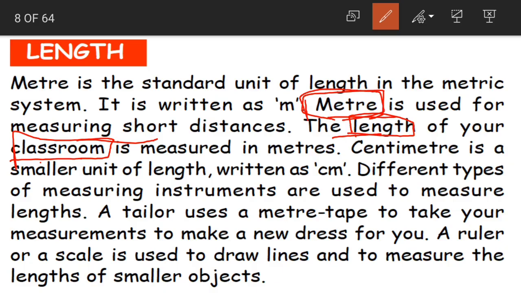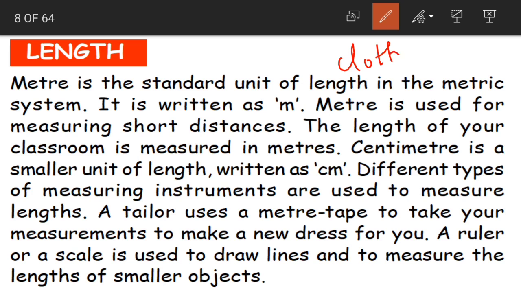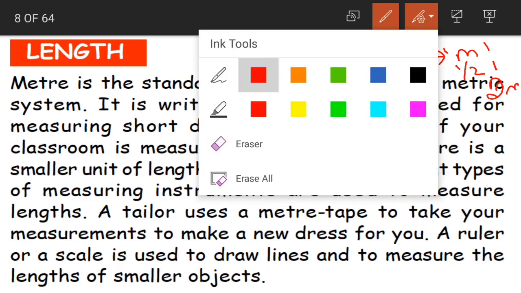Another use of meter is, if you have observed sometime, when we go for purchasing cloth from a shop, the cloth is also sold in meters, say half meter or 1 meter or 2 meters. So the length of the cloth is also measured in meters.